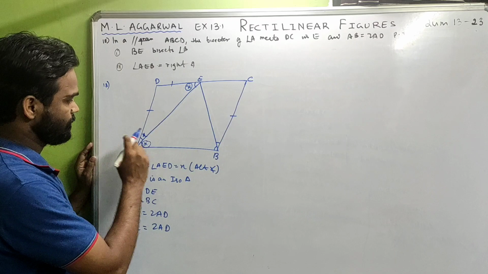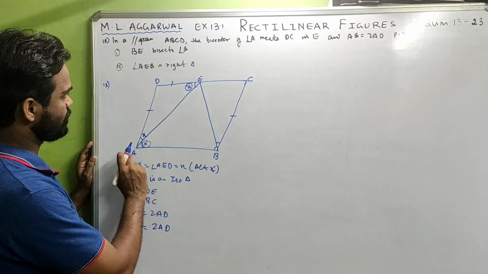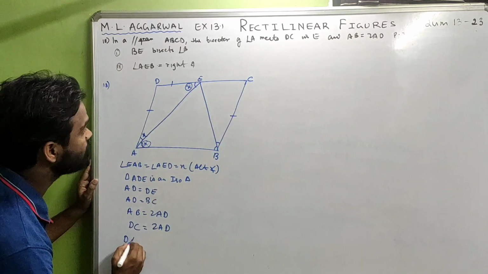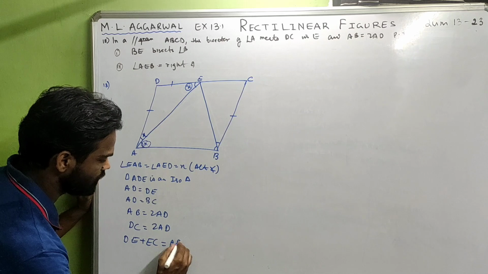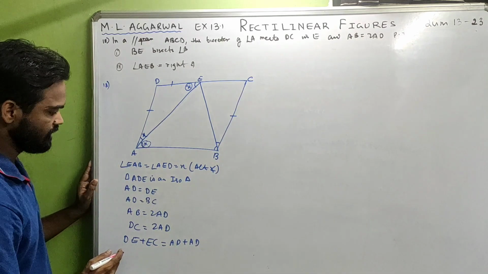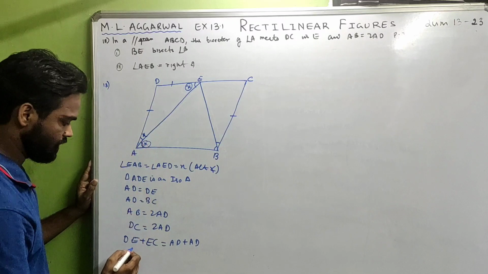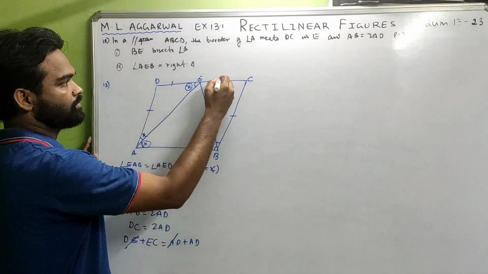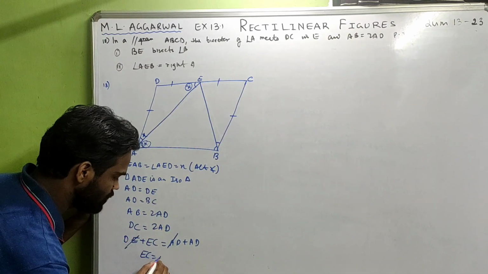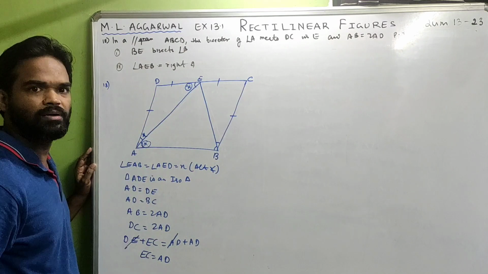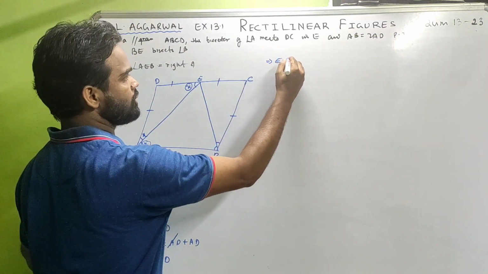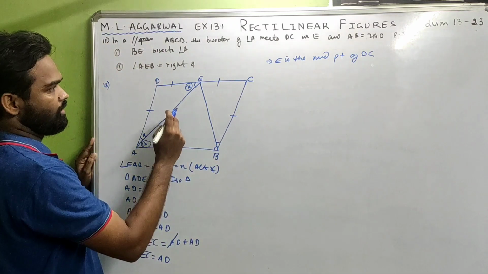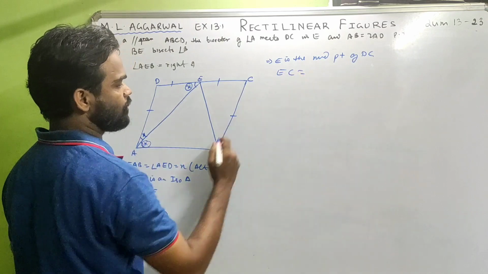Now look, DC we can write as DE plus EC, that is AD plus AD, twice AD. Now DE and AD are equal, which means EC and AD are equal. EC will be equal to AD, which simply means E is the midpoint of DC.